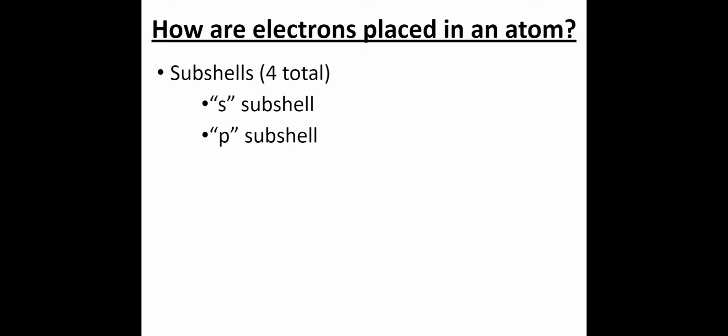Well, these lines had that kind of recognizable pattern to them, so they called them the principal lines, not the pattern lines, the principal lines. Meaning, oh man, these look like they're the main ones that help explain the whole idea of what's going on. Those are the P subshells.